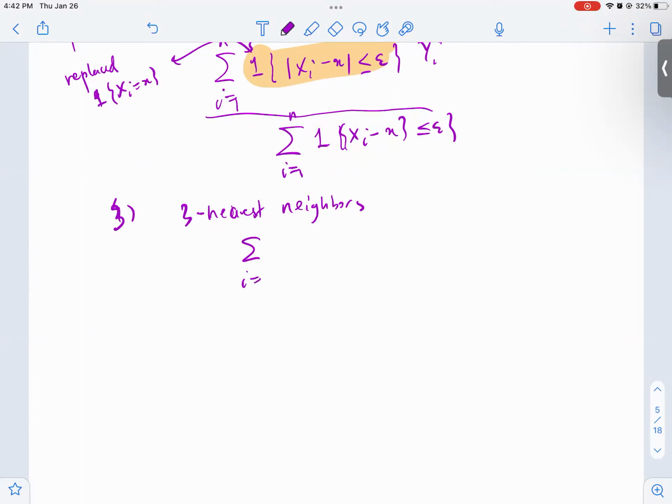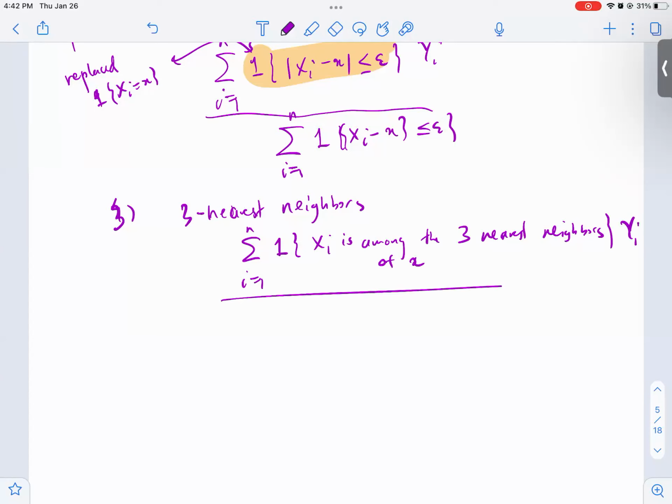It's going to be the sum over i from 1 to n of the indicator whether xi is among the three nearest neighbors of x, times yi, divided by the same thing, the summation over i from 1 to n of this entire indicator.